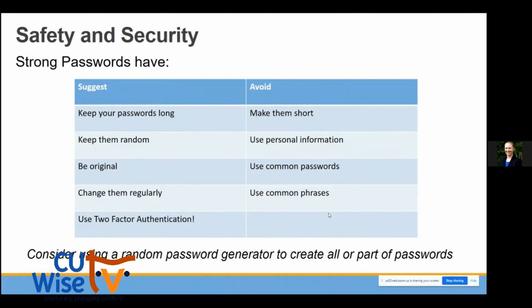That's another extra step. There are other steps that you can do that are even more beyond this, but those are some fairly easy things to do at the beginning that will help you with that extra step of protection.